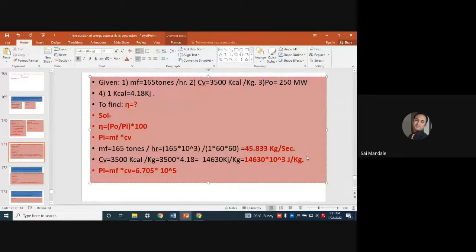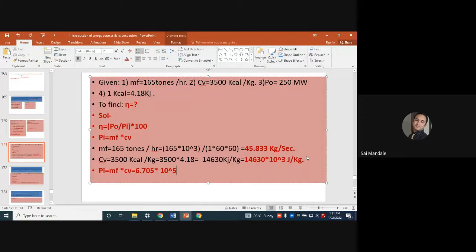Let me calculate. 45.833 into 14630 into 10 raised to 3. I have a different answer. Please tell me the right answer. Something is missing over there.